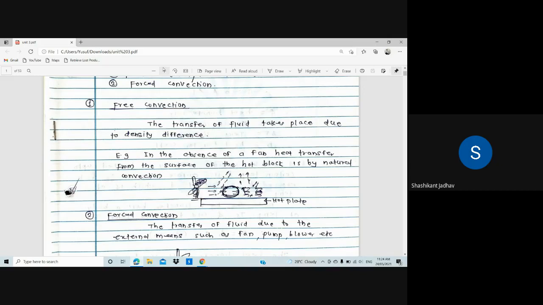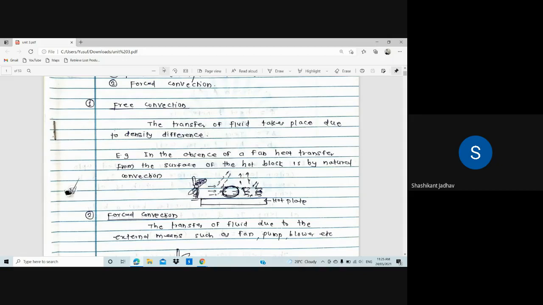ओके. म्हणजे एक हॉट प्लेट आहे. ओके. आणि हॉट प्लेट वर समजा तुम्ही फ्लुइड जर पास केलं तर काय होईल? त्याचं टेम्परेचर इन्क्रीज होणार आहे त्या फ्लुइडचं. आणि टेम्परेचर इन्क्रीज झाल्यानंतर त्याची डेन्सिटी काय होणार आहे? कमी होणार आहे.